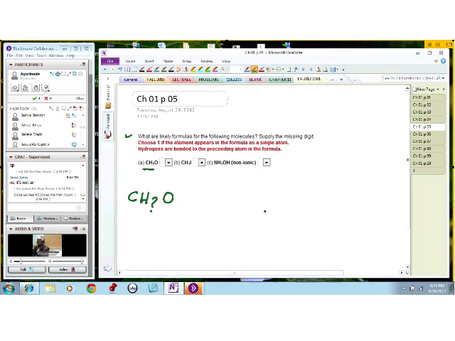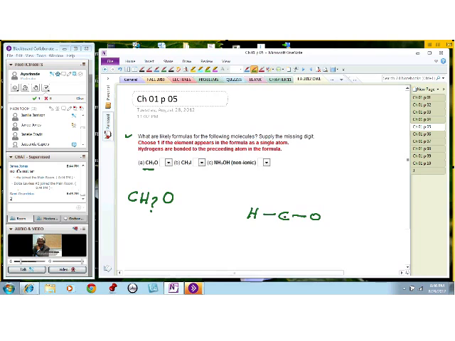We have CH. Let us write it out. We have C bonded to oxygen. That's what we have so far. How many hydrogens do you think will be in this molecule? Let me ask you this.